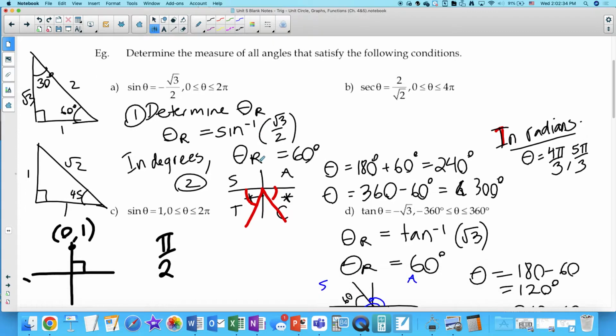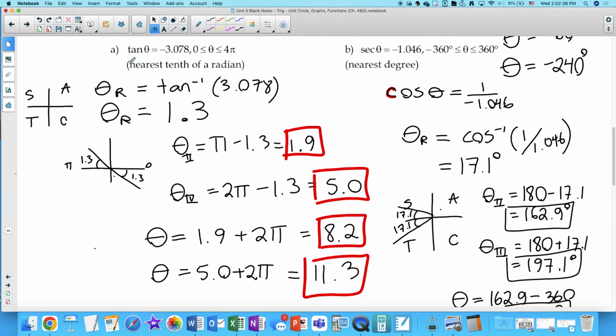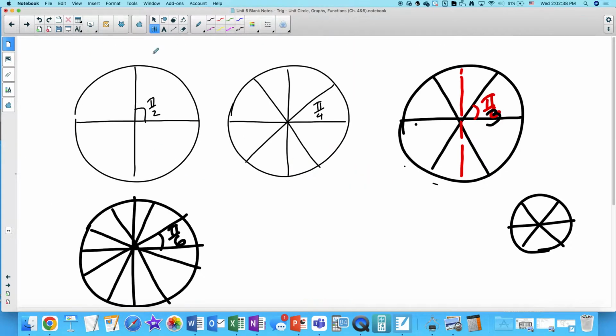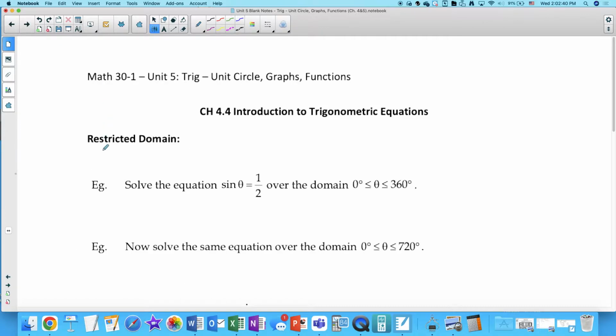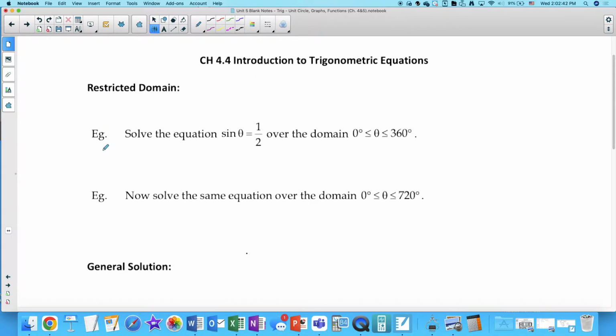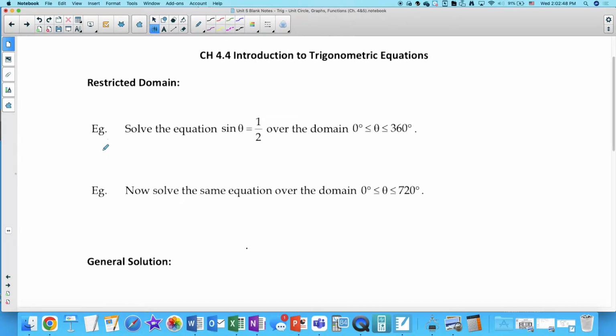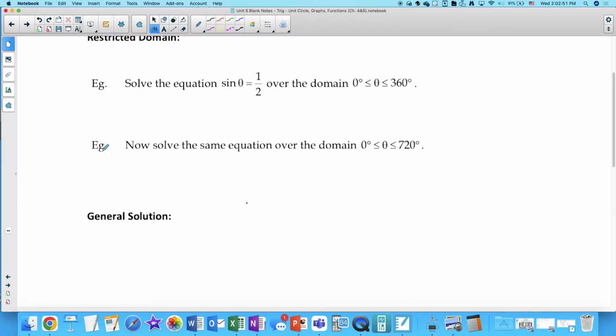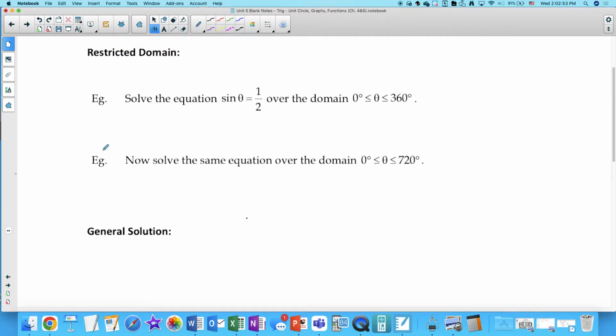Okay. So we're going to start with the basic stuff, and then we are also going to look at second degree trig equations, which are also going to incorporate some factoring as well. We're going to start by solving some trig equations over a restricted domain, which means you're going to have some sort of restriction like this in the question.